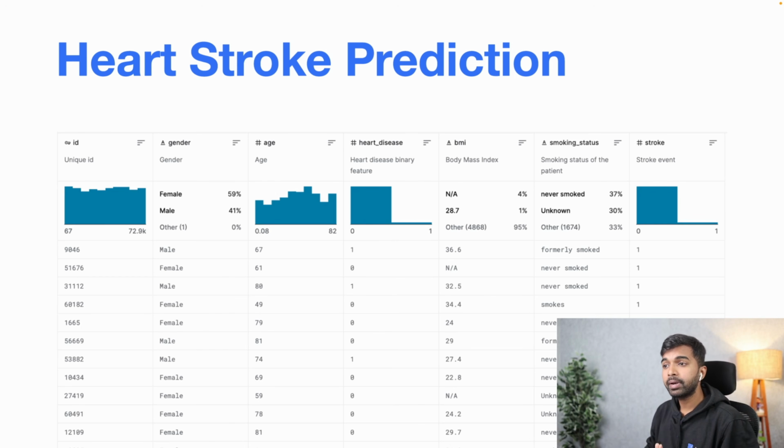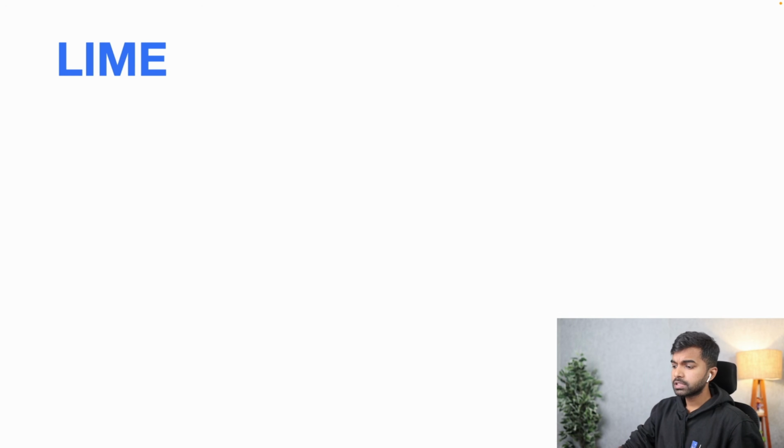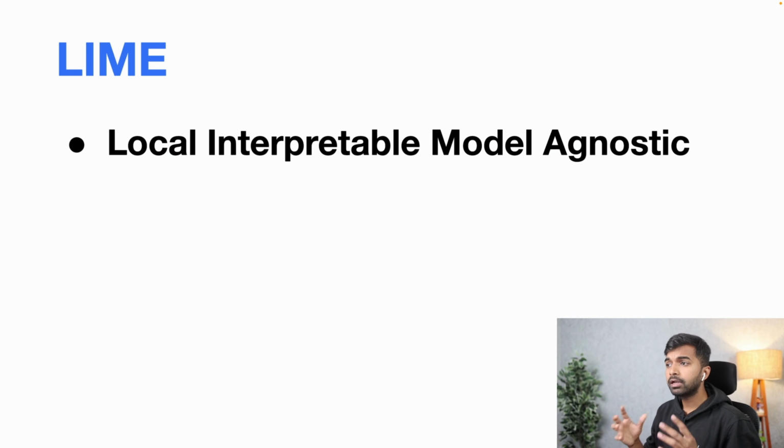How do you then interpret why your model is giving a certain prediction after training? So we are going to look at 3 techniques on how you can interpret models using post hoc explainable AI methods. So the first technique that we are going to look at is called the LIME technique, which stands for Local Interpretable Model Agnostic Explainability.